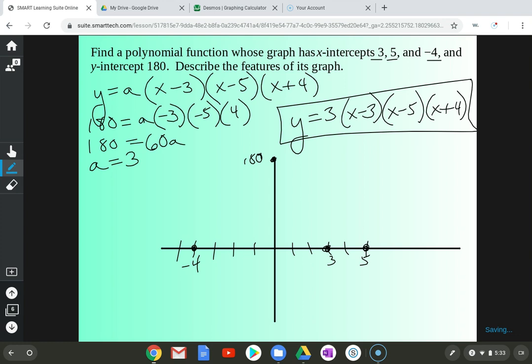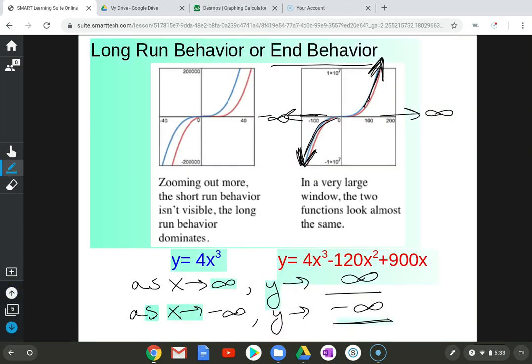Okay, so in order to sketch this graph, if our leading coefficient is positive, like it is, that means we're going to follow the same end behavior that we had on the previous screen. So if our leading coefficient is positive, that means that to the left, we're going to point down, and to the right, we're going to point up.